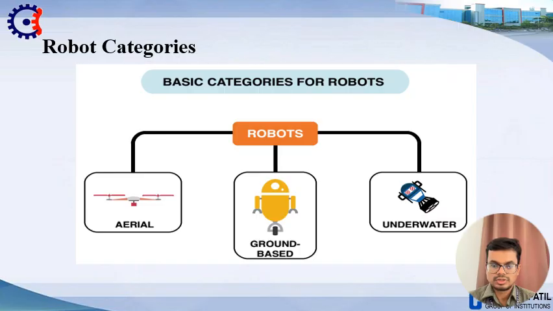It can perform certain actions underwater. Aerial and underwater robots, as they are doing certain work in a different environment, are pretty difficult to make and operate than ground-based robots. But it basically depends on the situation it is in.